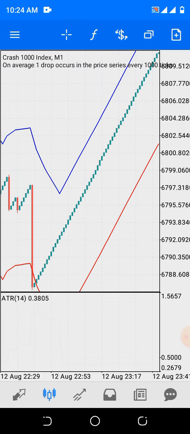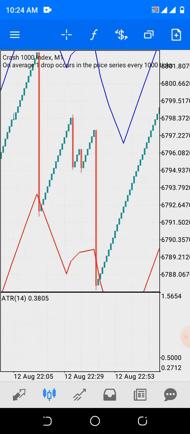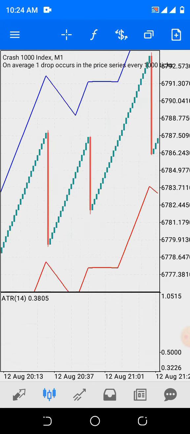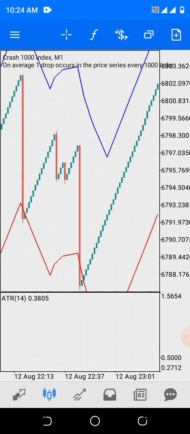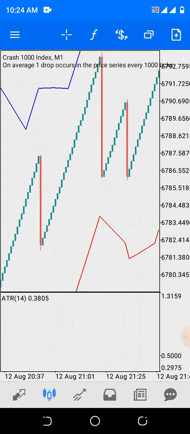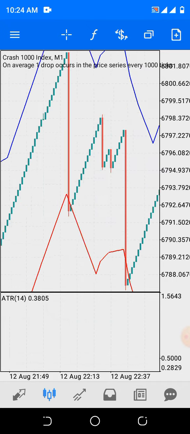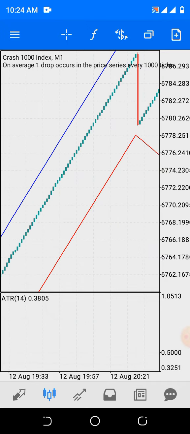Do you understand? This is Crash 1000. Time frame is 1 minute. In the Optimal FX channel, we share a profitable strategy that we have not seen anywhere. It takes me weeks, sometimes months, to be able to verify.